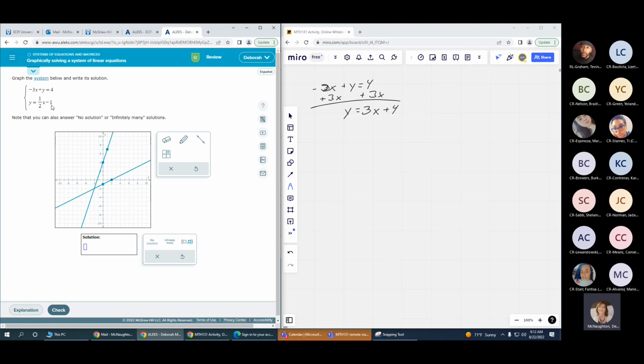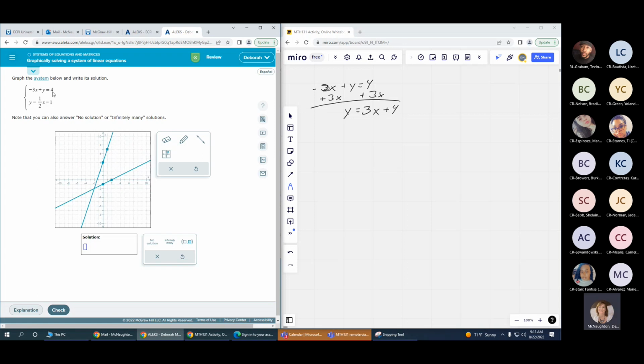I also wanted to show you guys, you could also just pick points. So here I could put in when x is 0, y is -1, and when x is 2, y is 0, and get my 2 points that way. And up here, when x is 0, y is 4.